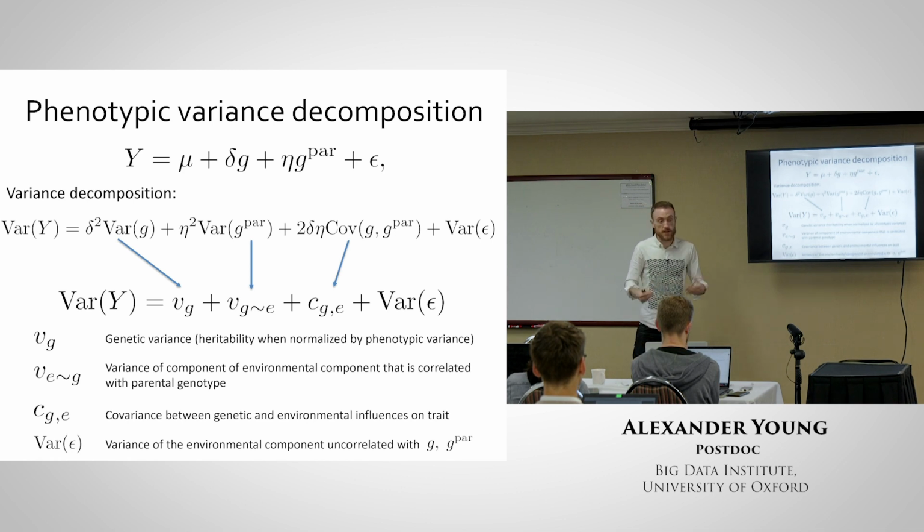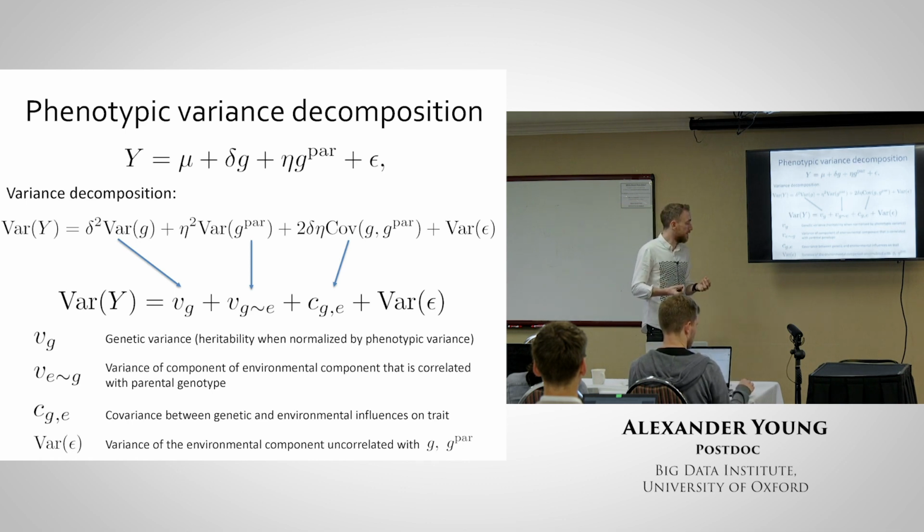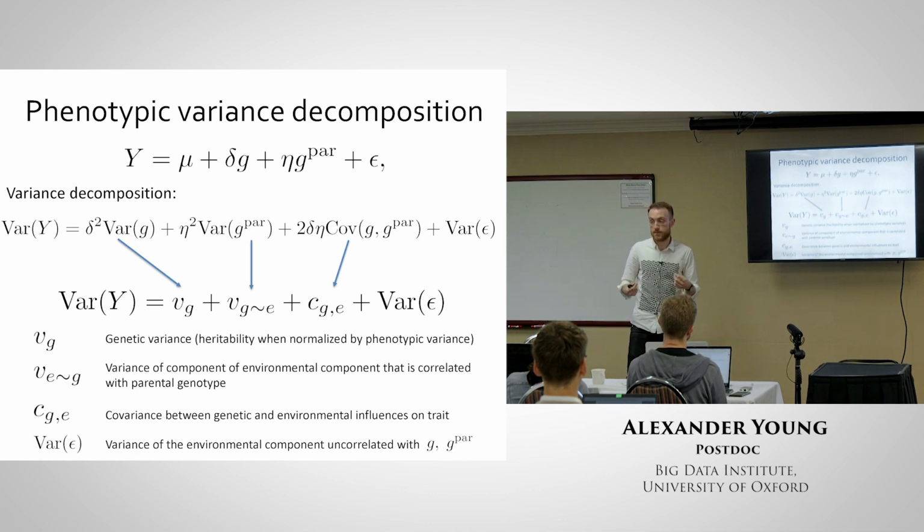So that's capturing the variance explained by indirect genetic effects from parents, but it's also capturing other sources of gene-environment correlation, such as population stratification and potentially also assortative mating. And then a third component that's due to the covariance between genetic and environmental influences on a trait. And then finally, the variance of the residual environmental component. So that's the component that's uncorrelated with the parental and phenotyped individuals.